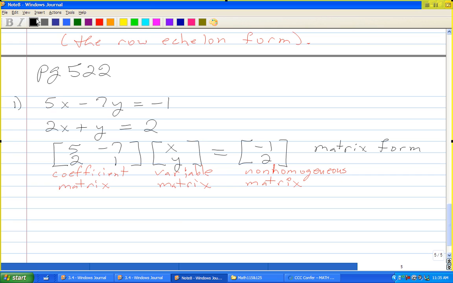So now let's write this as an augmented matrix. To write as an augmented matrix, we would just write down the coefficients, 5, 2, -7, 1. And then next to it, adjoining to it, would be the non-homogeneous part. This is the augmented matrix. And that's what I wanted.